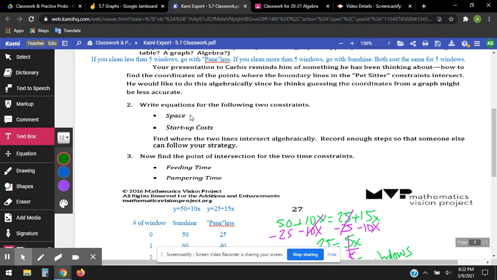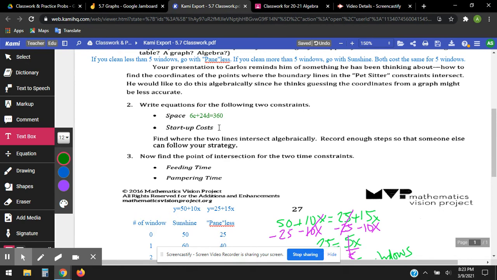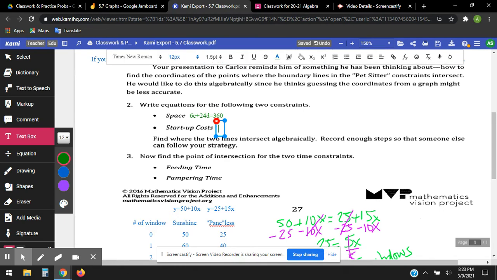So if we remember, I'll do these guys in green. The space one: the cats took up 6 square feet, the dogs took up 24, and they had a total of 360. The startup cost was the money: 32 for each cat pen and 80 for each dog run, and they had 1280 to spend.